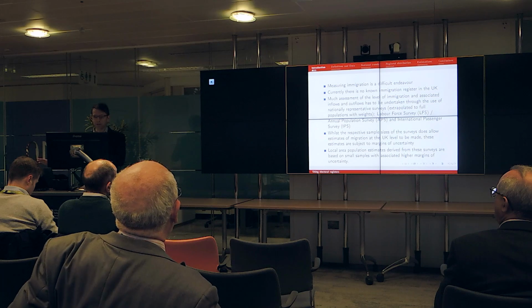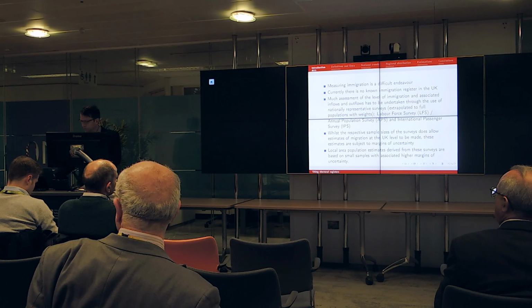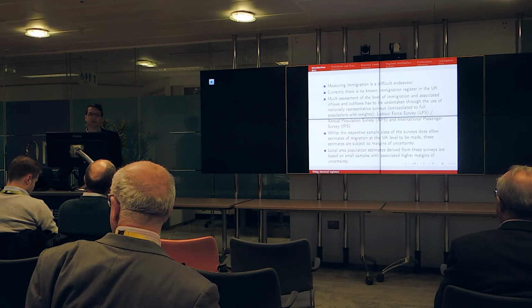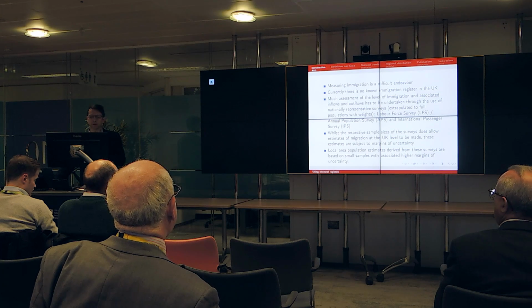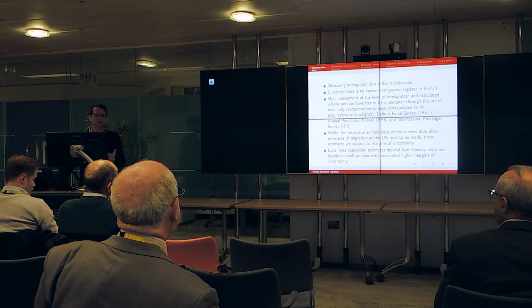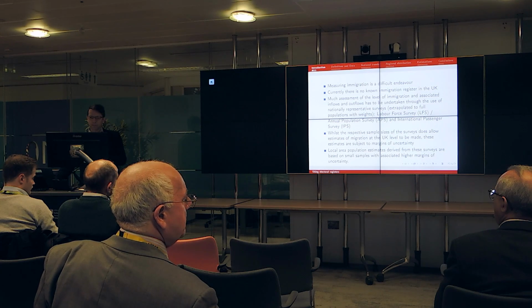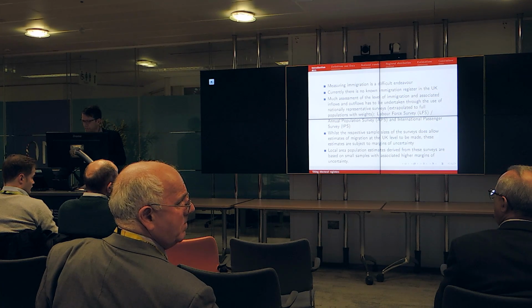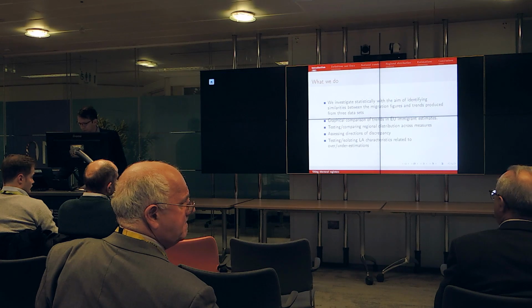So we gave up this avenue and we started looking at a register. The electoral register is a register which has its limitations, and we found what we're going to present here.